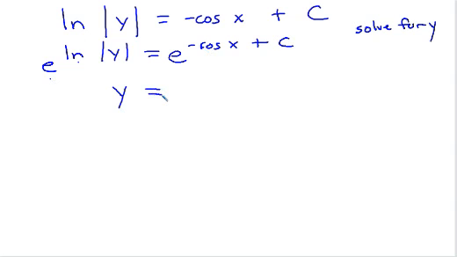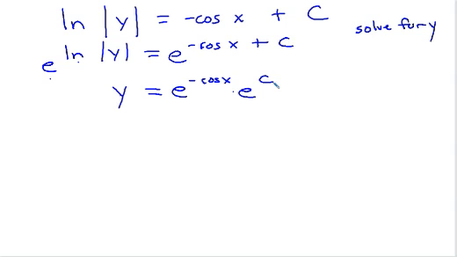And on the right side, we're kind of done, but we're kind of not. Let me show you what we need to do to clean this up. This is the same thing as e to the negative cosine of x times e to the c. Remember, we add exponents when we multiply with like bases.